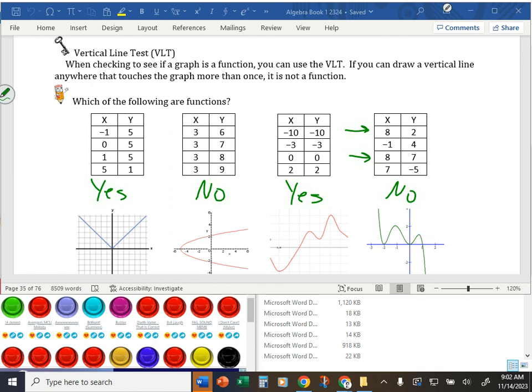So, how this applies now to the graphs. When x repeats itself, the reason why it's not a function is because on the coordinate plane, what happens when there are two y values for a given x? For example, what would this relation look like if it were graphed on the coordinate plane?